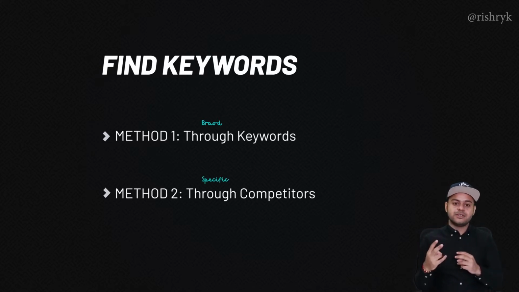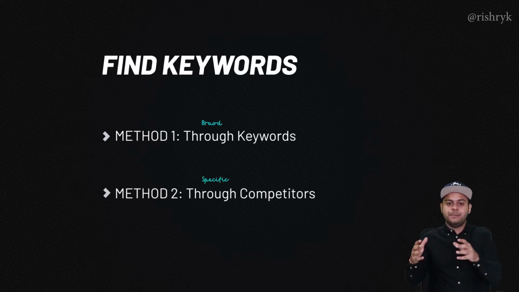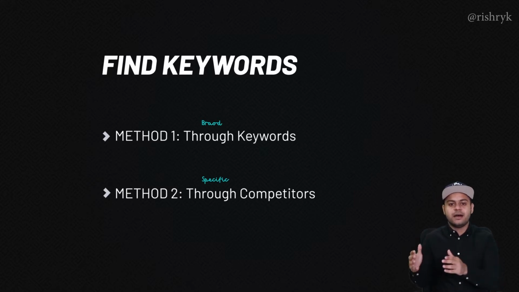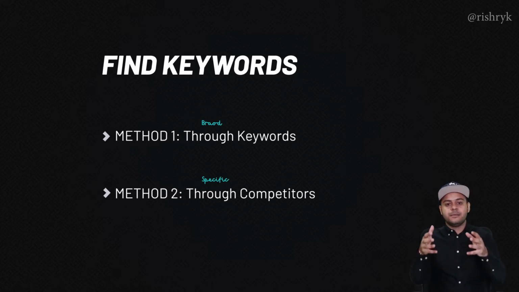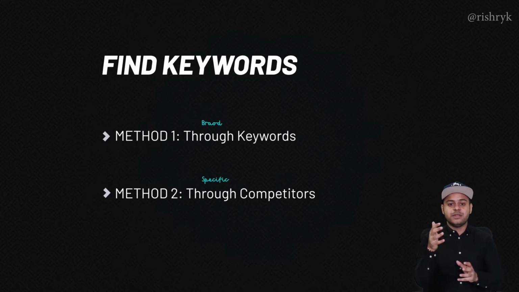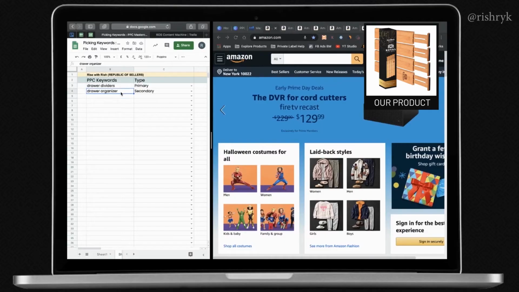The second method is to use competitors and basically hack the keywords that they are indexed for. So let's get on my computer screen and understand how we actually find, mine, and segregate our keywords and pick the ones which we should be picking when we are just starting out and launching our product on Amazon.